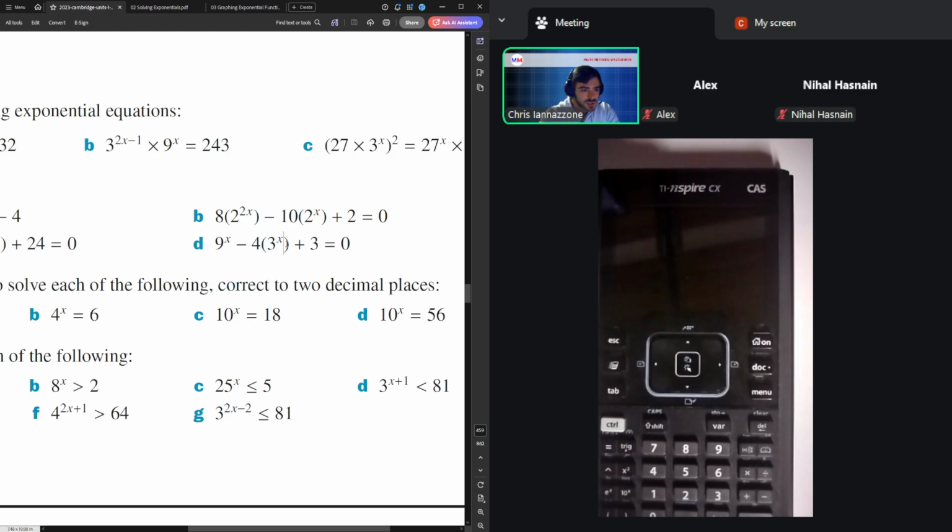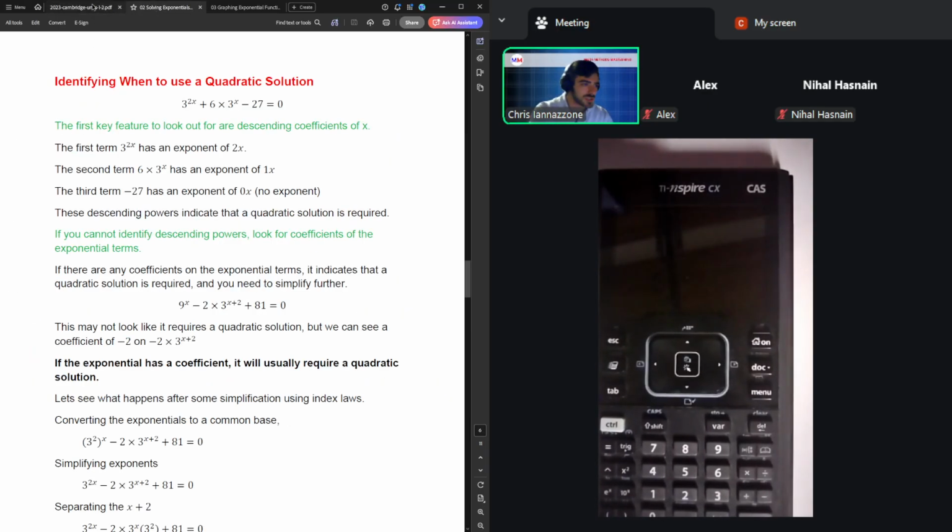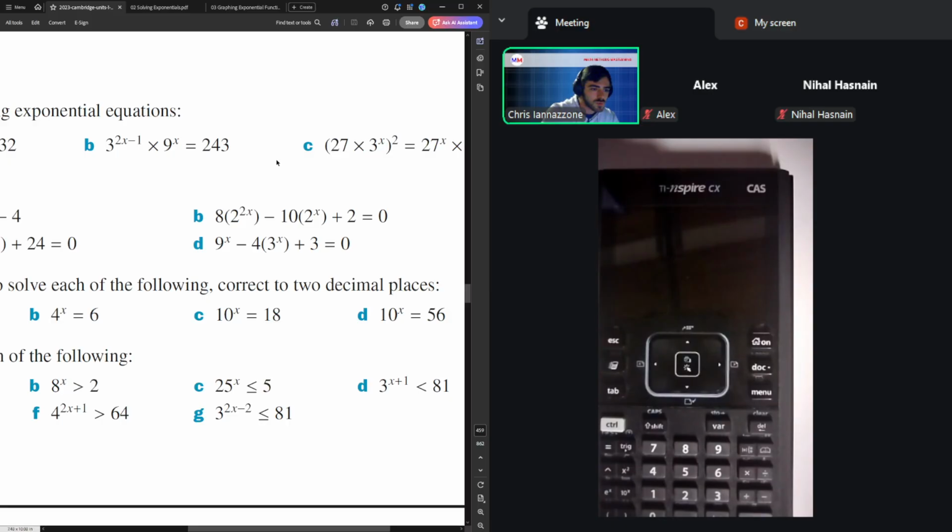Both of those are just power of x, so it's a bit harder to see that you might be needing a quadratic solution here until you realize that 9 can be rewritten as 3 squared. 3 squared now becomes 3 to the power of 2x, and now we have those descending powers of x. So pretty much no matter what the exponential equation is, you want to try and get all the bases the same.